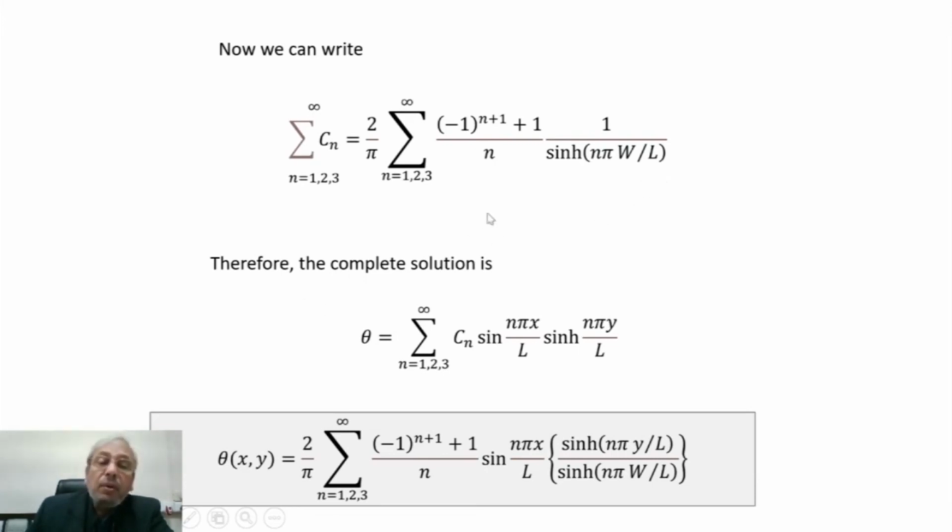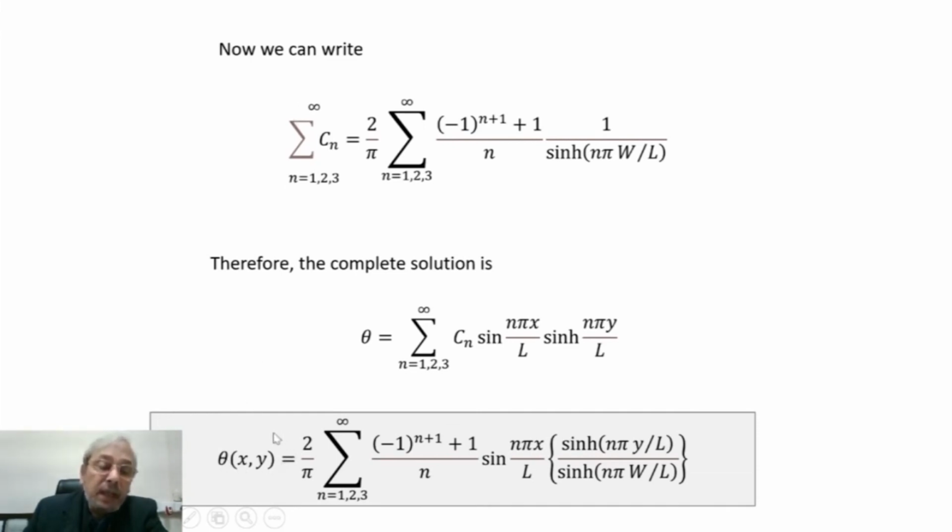Before evaluating the value of Cn, we reached up to this stage, that theta is given by summation over a series where summation is done for n equal to 1, 2, 3, etc. up to infinity, Cn sine n pi x by L into sine hyperbolic n pi y by L. And Cn value, we have found out this.